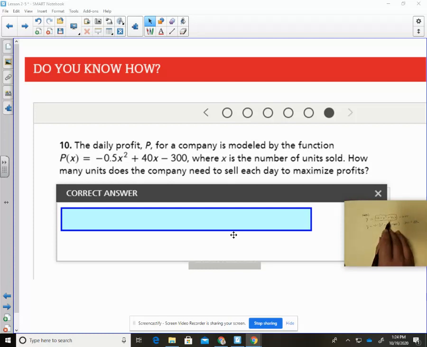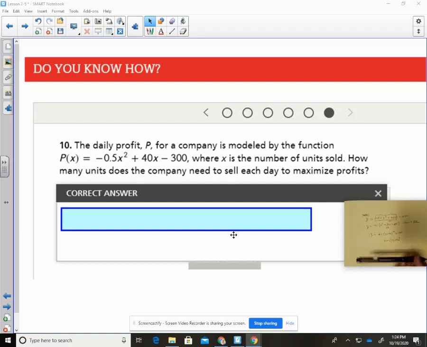To balance it out. You got a negative 800, positive 800, that balances us out. So then that gives me y equals negative 0.5 times x minus 40 squared plus 500. So then the vertex is at 40, 500.